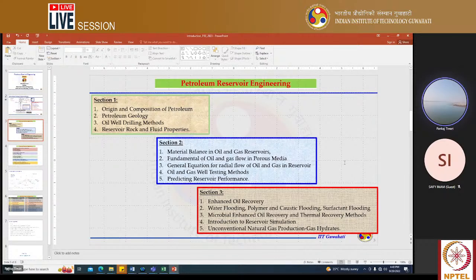And then we also discussed in more detail how to estimate the properties of the fluids present in the reservoir domain: natural gas, crude oil, and water, which we call the formation water.